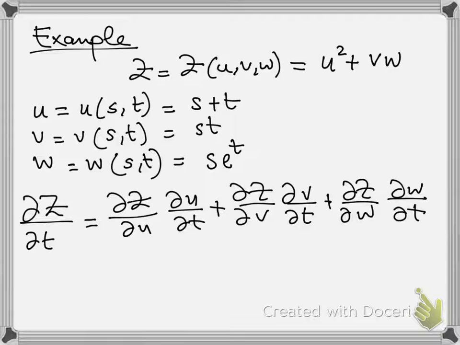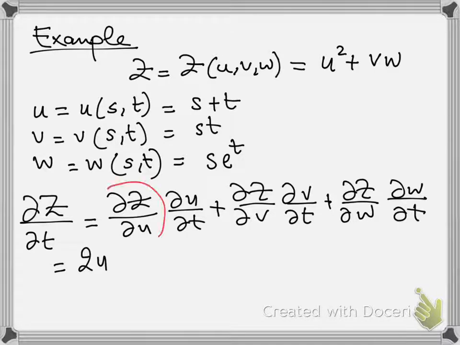Okay. So that will be equal to, so what's partial z, partial u? You derive with respect to u. So it's u squared, derivative of u squared, that will be 2u, plus v times w. You derive with respect to u, which means that v and w are constant. So v times w would also be a constant, and derivative of a constant, of course, is 0. So that's just 2u.